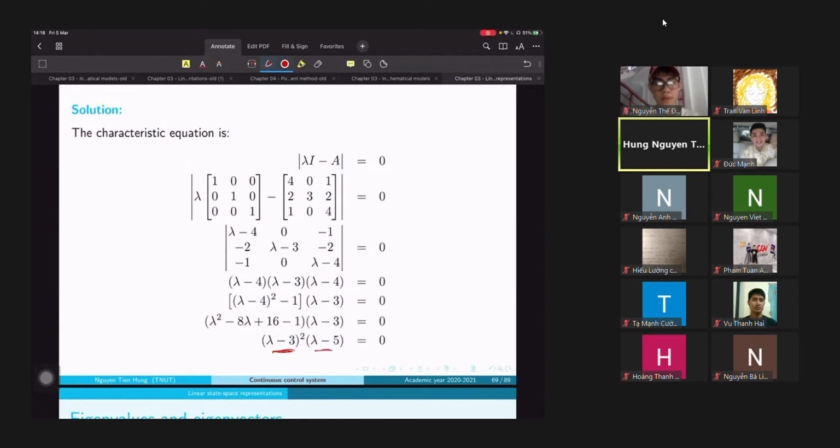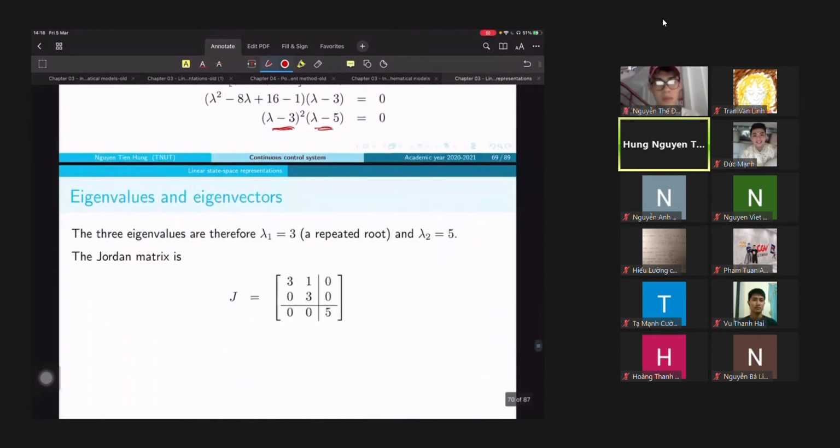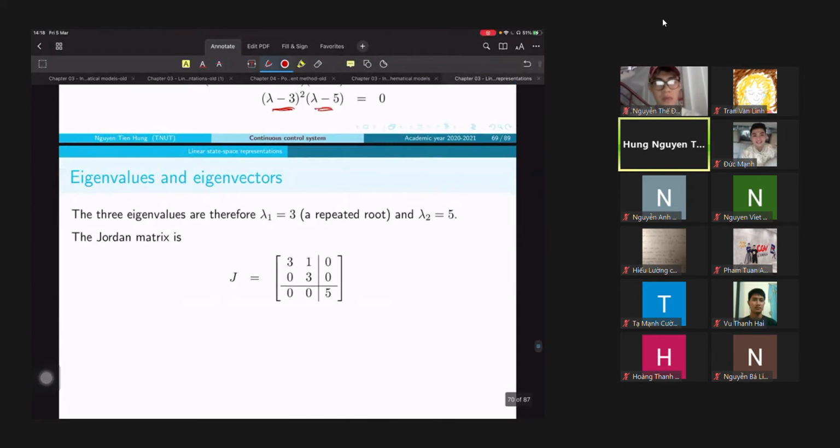We got all this solution before, and because of that you can construct the Jordan matrix this way, because lambda equals 3 appears here two times, and 5 appears in another root.